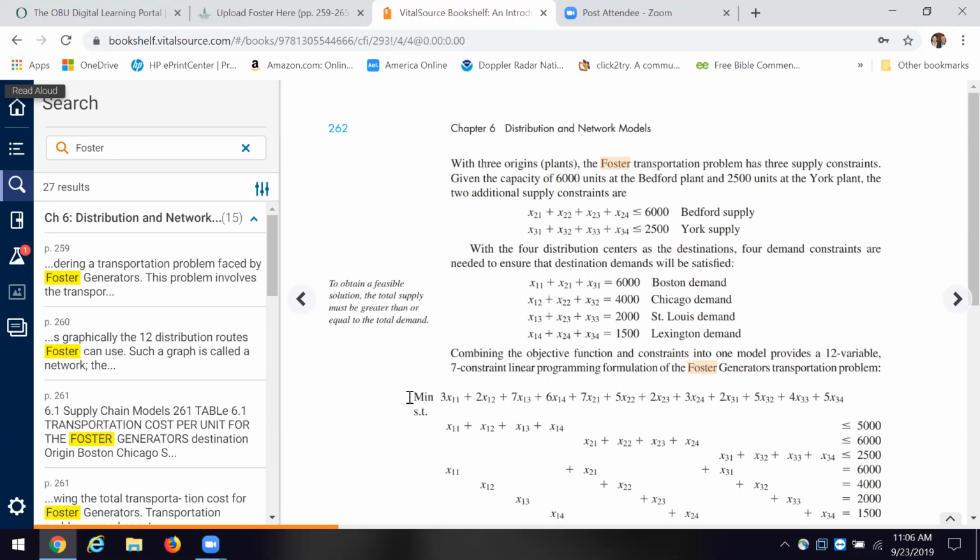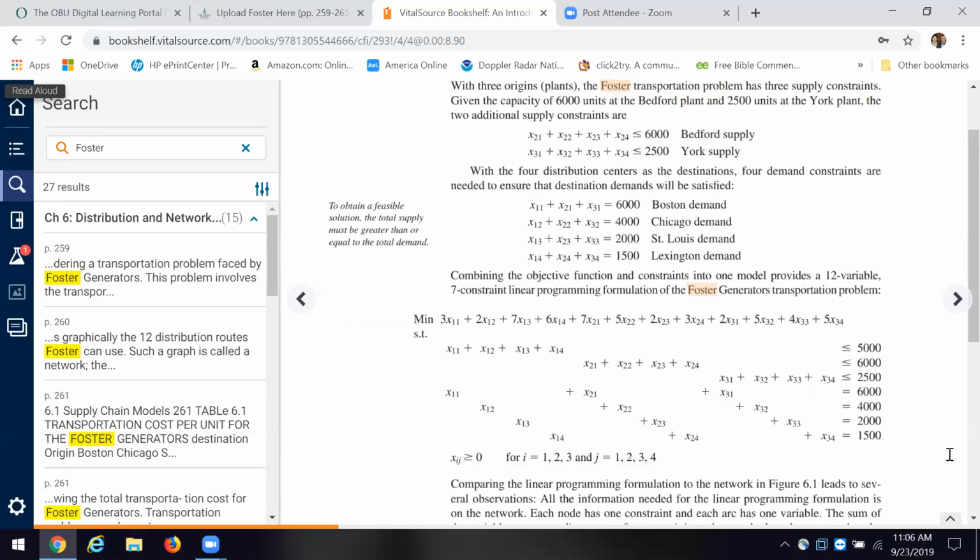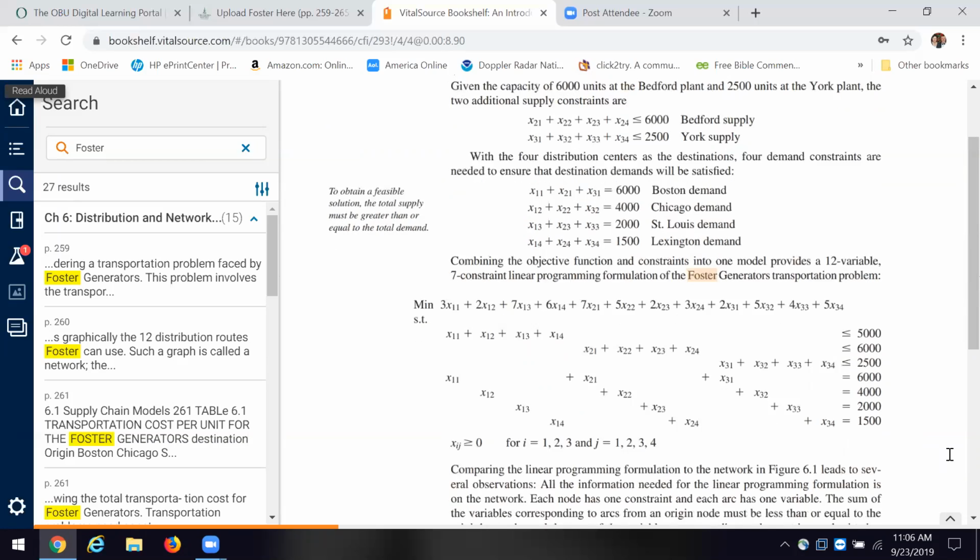And so here's the objective function, and these are all weighted according to the costs. That's the objective function. And then below, you'll see the ST, the subject to, and the constraints that are built in for each of these in terms of costs based on demand.